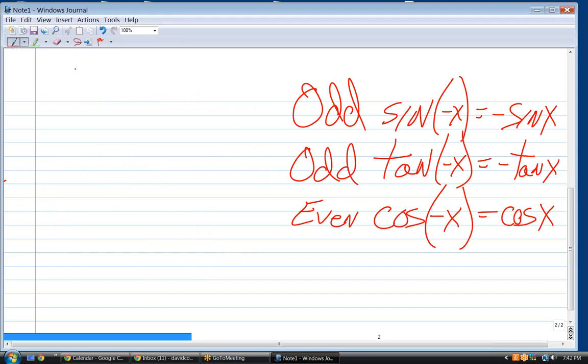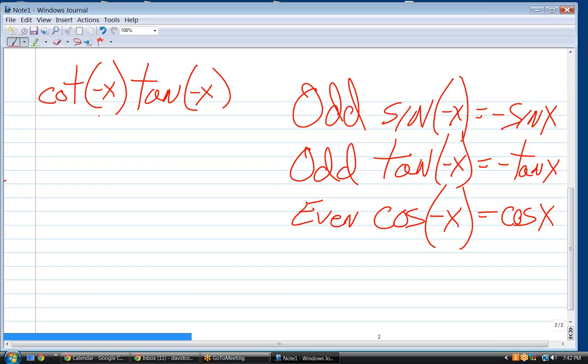What's the next one? Cotangent negative x, tangent negative x. Okay, so how does this convert based on the odd-even properties? In other words, cotangent of negative x is the same as what?